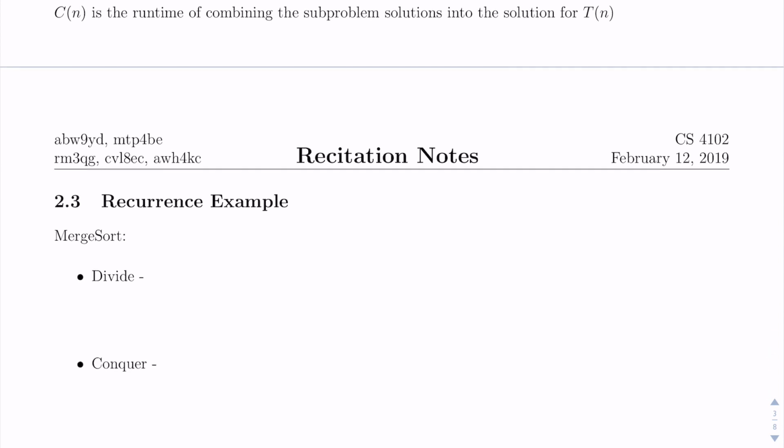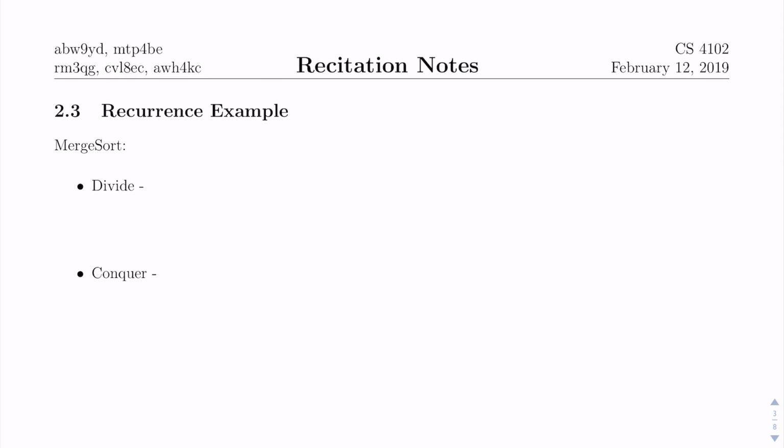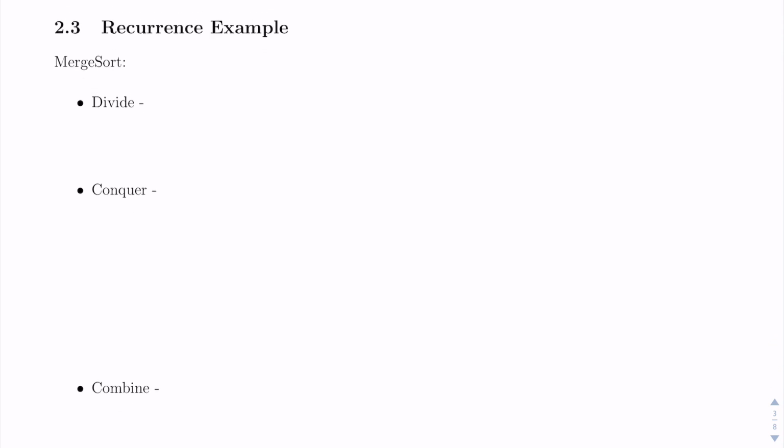So to that end, we're going to go through a brief example just to get you into how to think about these recurrences, using merge sort, which you should all be very familiar with. Who can tell me what the divide step in merge sort is? So what do we do?